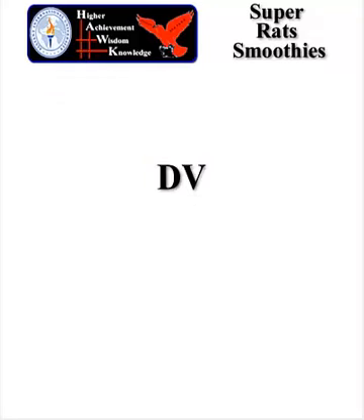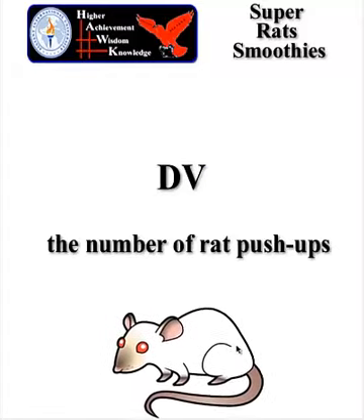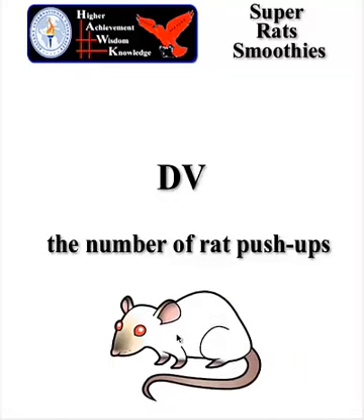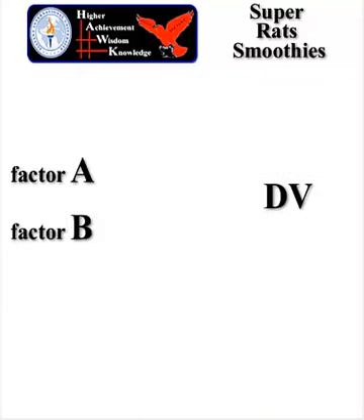But now we've identified our IVs, and our DV is the number of rat push-ups, right? How many push-ups can these guys do after the drug and after the smoothie. So that's what the nature of this research is all about. All right, so we know factor A is the serum, factor B is the size of the smoothie, and the DV is the number of rat push-ups.